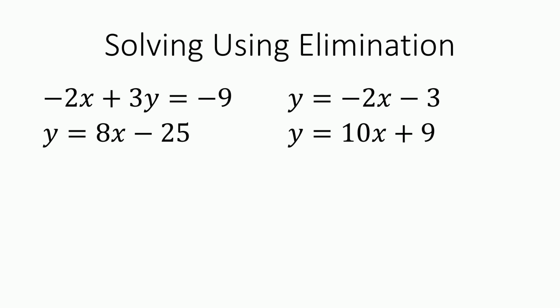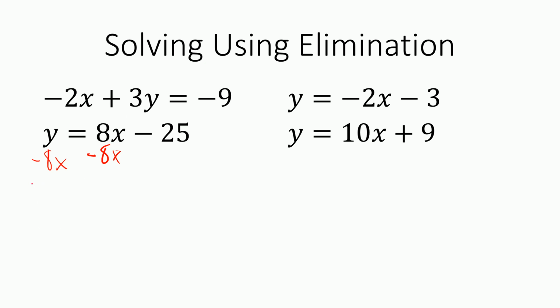And as I said, you can take equations and set them up so that we can solve using elimination even when we don't have two standard form equations. It's just a matter of getting x and y on the same side and setting that up. So in this case, we would simply subtract 8x from both sides, because that would remove x from this side, leaving just negative 25.